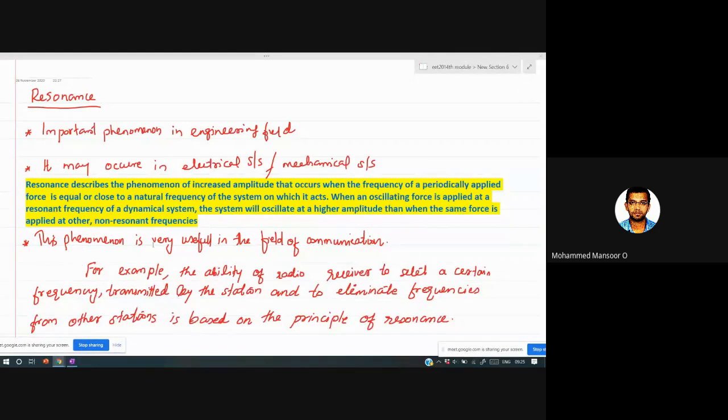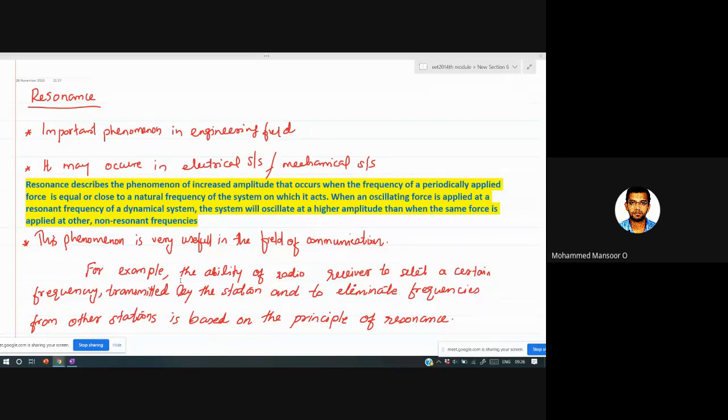So this phenomenon is very useful in the field of communication. I think you already learned about basic communication in physics class in +2 and SSLC. For example, consider the ability of a radio receiver to select a certain frequency transmitted by a particular station.